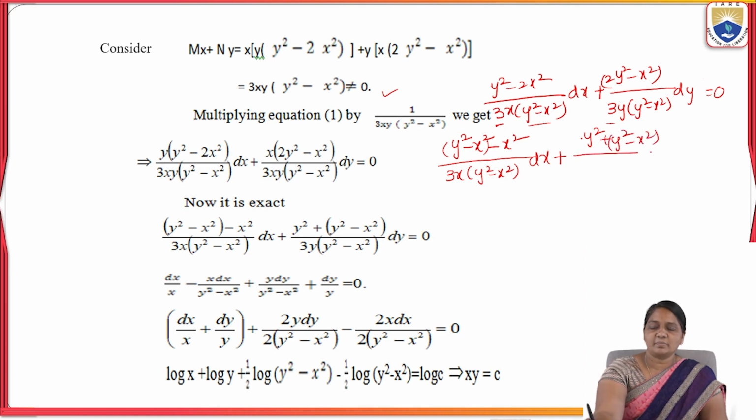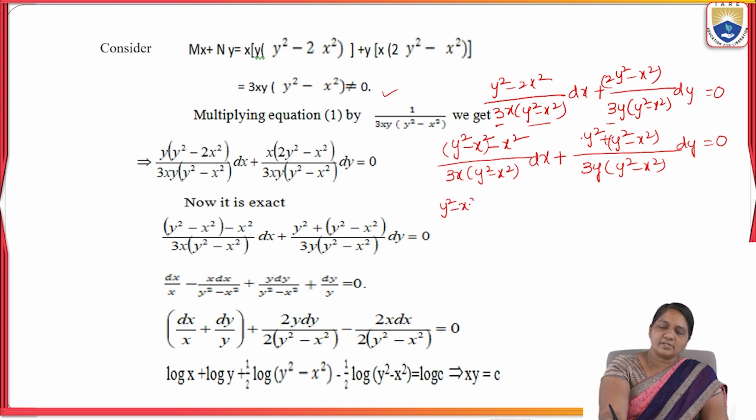I am separating the term here, 3y into y square minus x square dy equal to 0. Now I am separating the terms here. Already I told you, 3 will be cancelled when you are taking common and sending to the RHS part.